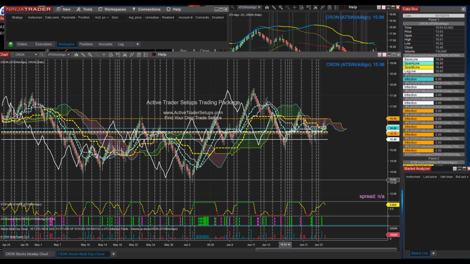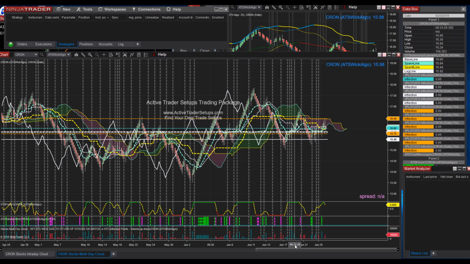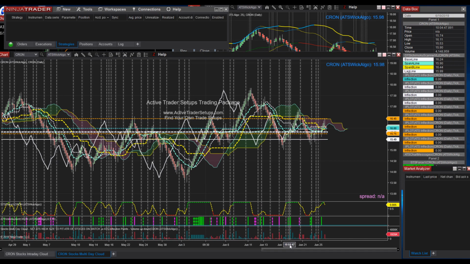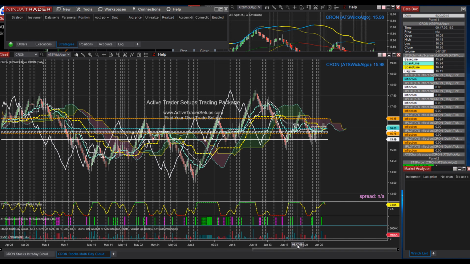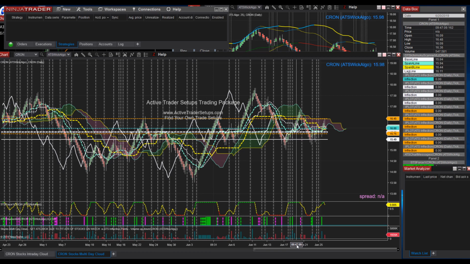Another way to get a different look is to substitute this faster cloud with a longer trend cloud. So that could be used on swing trading or day trading, and we wanted to feature a few lower price stocks tonight as well. First, I'm going to zoom in on this particular stock.